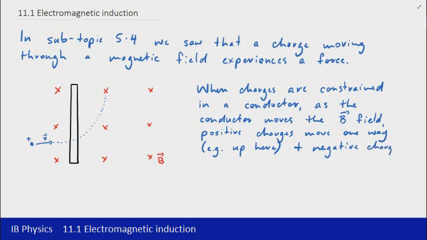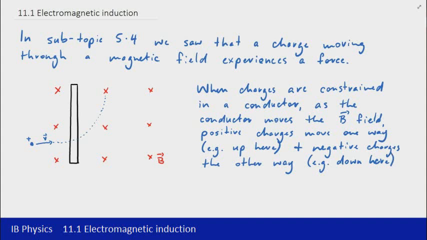Realistically, we're not dealing with both positive and negative charges moving; we're just dealing with electrons that would be moving, but we can consider the separation of those charges as though it is the positive charges that are moving.